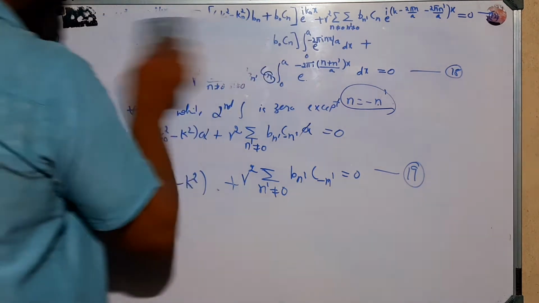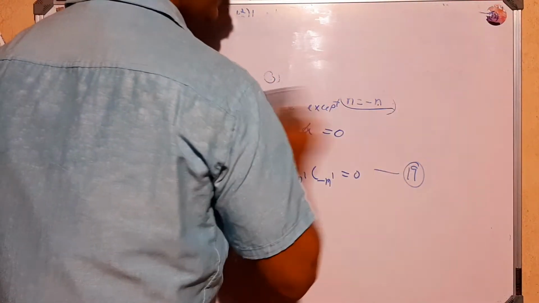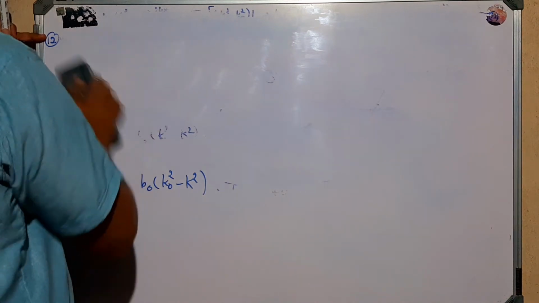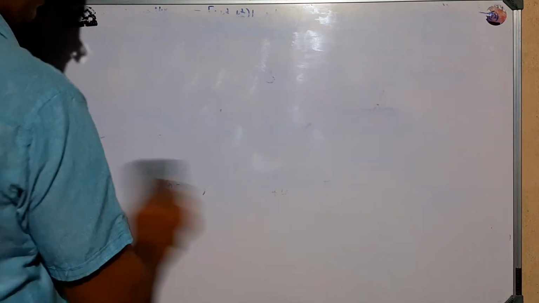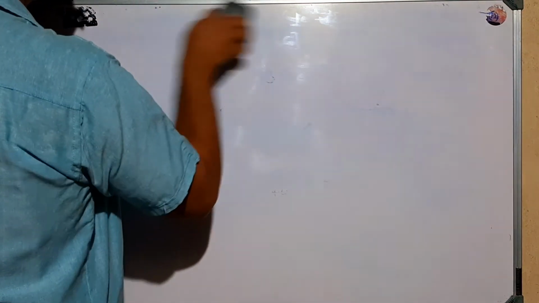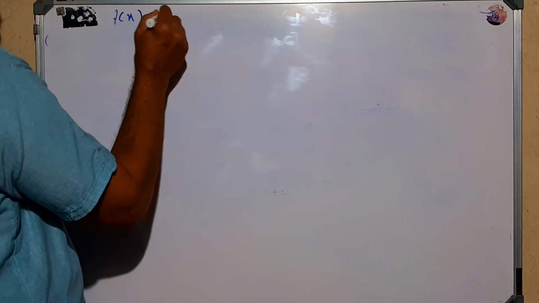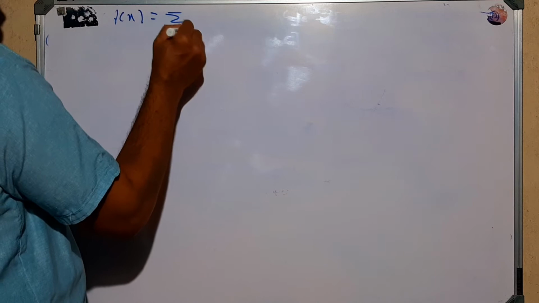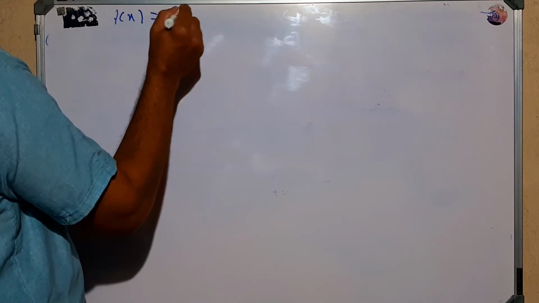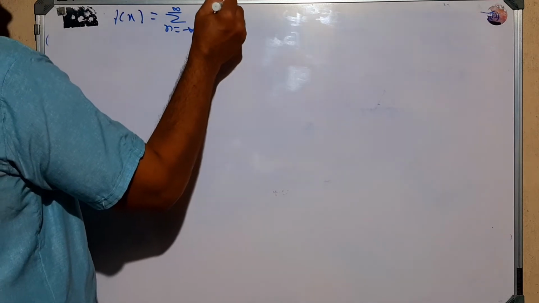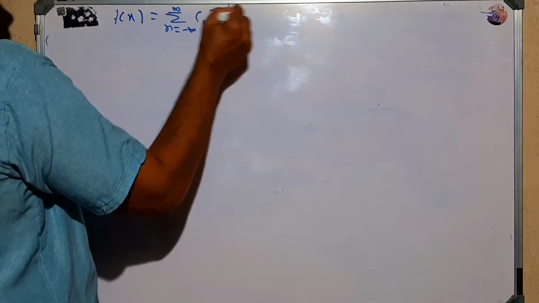Now, consider the equation number 5. Equation number 5 gives the expression for f of x. F of x is equal to sigma n is equal to minus infinity to plus infinity cn e to the power minus 2 pi inx by a.